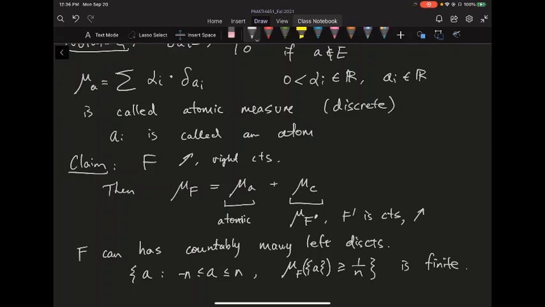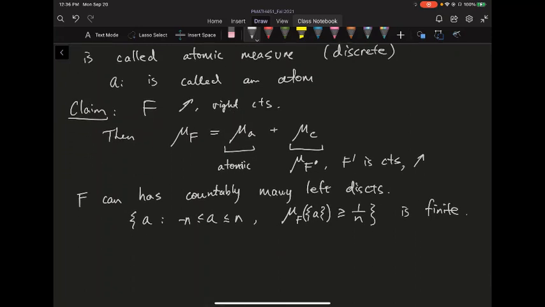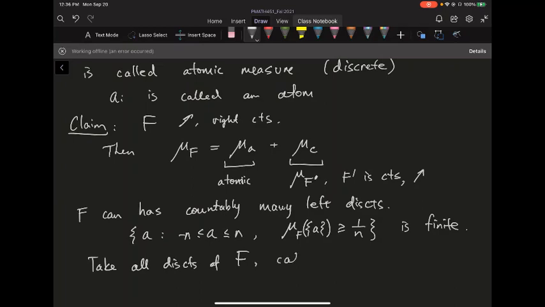All right, so because these are finite and you let n go to infinity, that will give you all the discontinuities of f. So that's at most countable. So you take all the discontinuities of f, and you call them a_i.